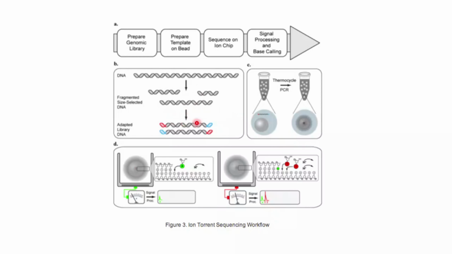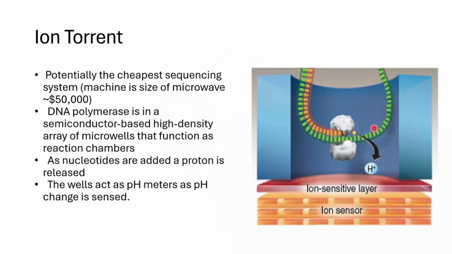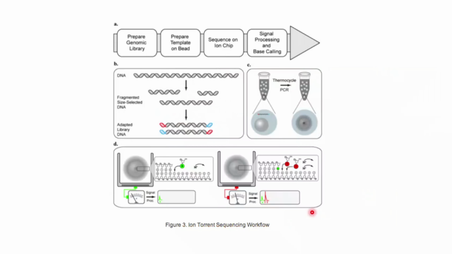And then you will do a PCR reaction to amplify your signal, right, to have more copies of the same fragment. And then you will do your sequencing, in this case, through this technology. Okay? And again, where do you do this? You do this into these small wells, which are semiconductor wells. Clear? The only thing that changes in these technologies really is the last step. The rest is pretty much the same.